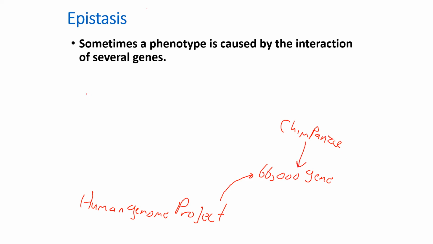Human beings are very genetically related to chimpanzees. So we figured, hey, if they have 66,000, we're supposed to have somewhere near there as well, right? But when we were all done cataloging, we realized that human beings actually only had around 30,000 genes.